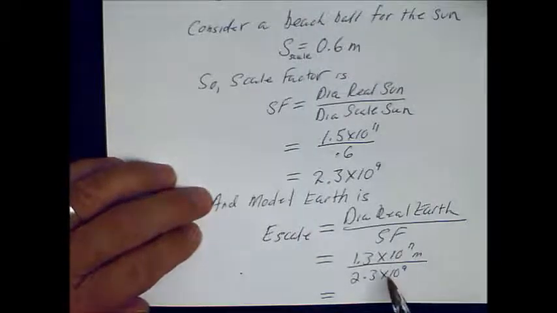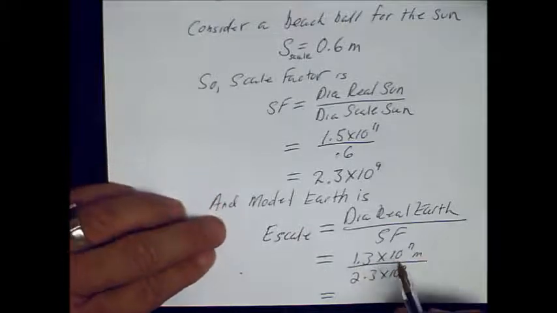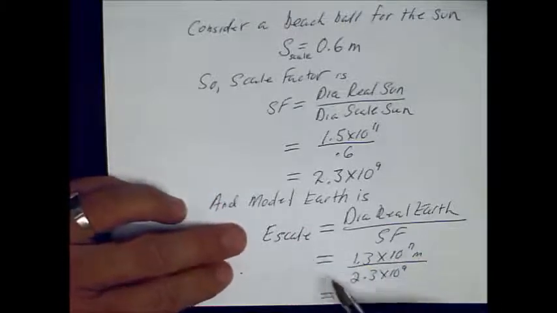All right, so we're getting way down here at the bottom of the page, but anyway, the diameter of the Earth in the scale world is going to be the diameter of the Earth in the real world, 1.3 times 10 to the 7 meters, divided by the scale factor.